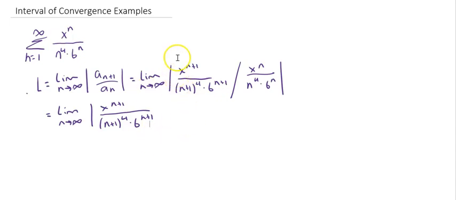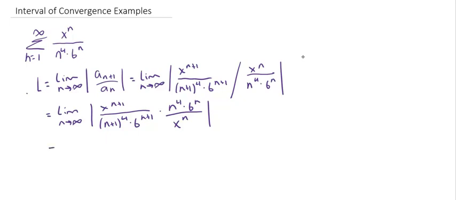I just copied this because I'm dividing a fraction by a fraction. So it's a copy, then a dot for multiplication, and then I flip this fraction. Some of you might know that as multiply by the reciprocal. That gives me n to the fourth times 6 to the n over x to the n.